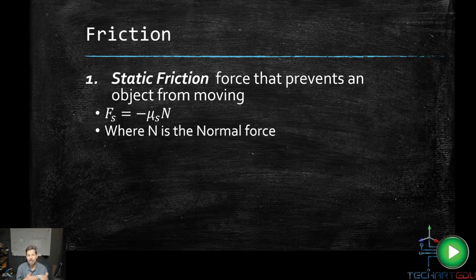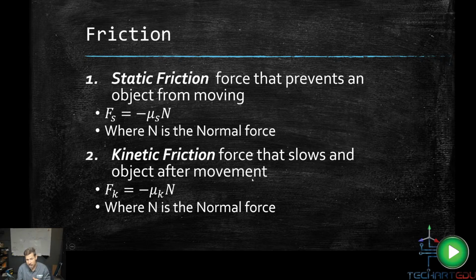Okay, now there are two types of friction. There's static friction, which is the friction that prevents two objects from moving with each other. So before an object starts moving, there's the static friction. And then once the object is moving, you have the kinetic friction, which is the friction that slows the object once the move has started.